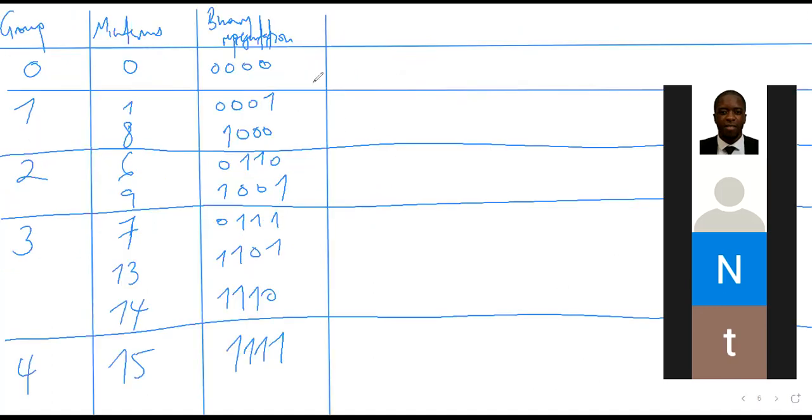We compare groups n and groups n plus 1. So if this is group 0, this is group n plus 1. If this is group 1, this is group n plus 1. So I'll be comparing this group and this one, then group 3 and group 4.